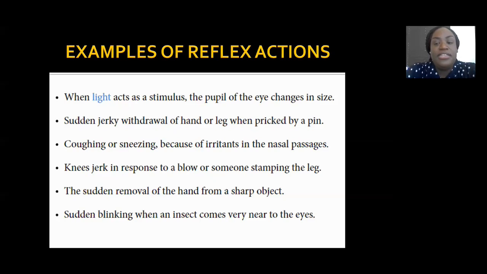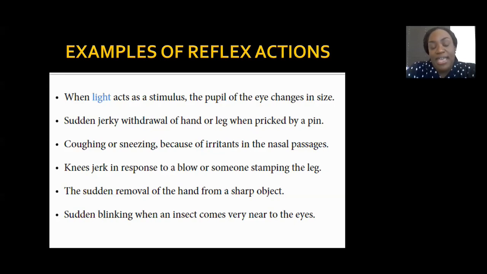And the knee-jerk response is a very popular example of a reflex action, which happens when you take a blow directly to your kneecap, and your leg just automatically jerks forward. If you touch a sharp object, you will move your hand very quickly and suddenly. If you touch a hot object, or even a cold object, you will move your hand away very quickly.